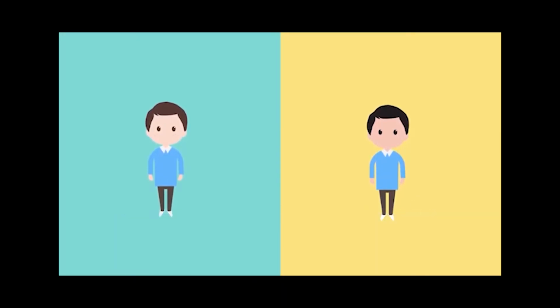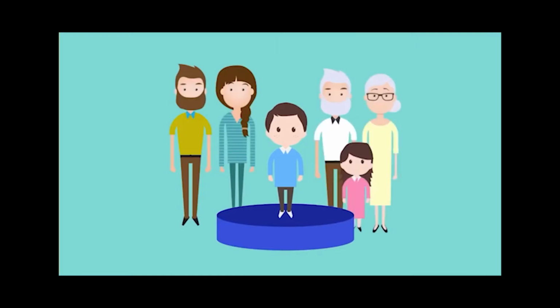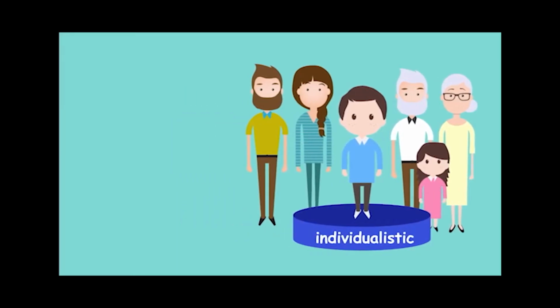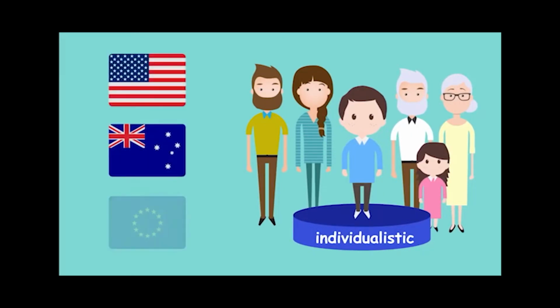Some cultures tend to place more importance on the individual. They're known as individualistic or me societies. Many Western societies, including those in the United States, Australia, and large swaths of Europe, are considered me cultures.